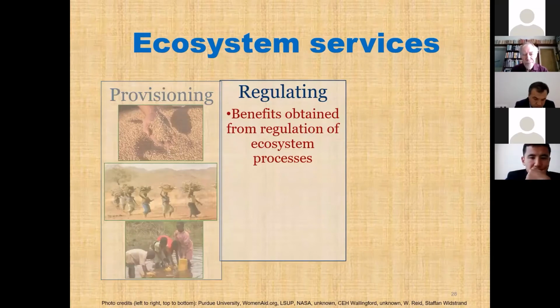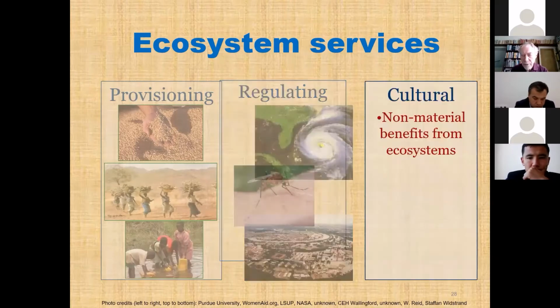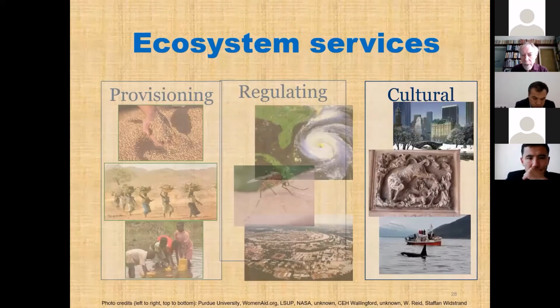For example, weather and climate, and so on. And then cultural, non-material benefits from ecosystems. We should not forget at all. They are very important for people. So just nature as a place for us to be in is very important. It's also a big source of inspiration for artists and so on.